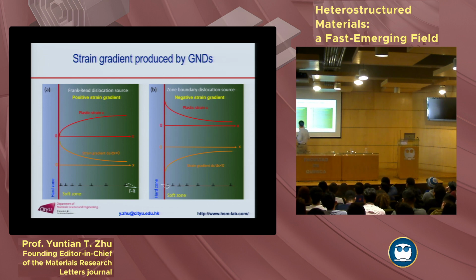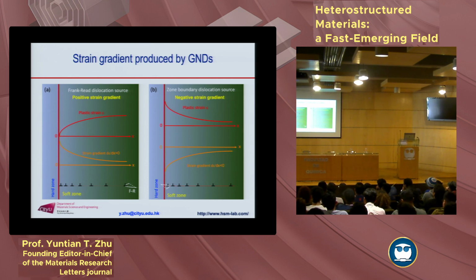At this point, this dislocation never reached the interface, which means the plastic strain here is 0. At this point, the plastic strain is 1 Burgers vector. At this point, it's 2 Burgers vectors, because 2 dislocations passed it. If you go through all this, you plot your plastic strain as a function of distance from the interface.